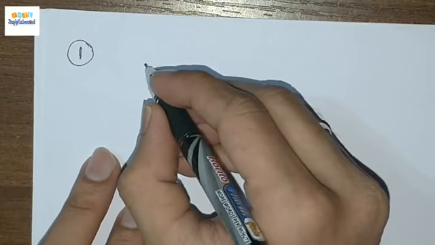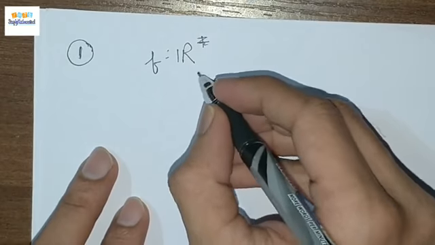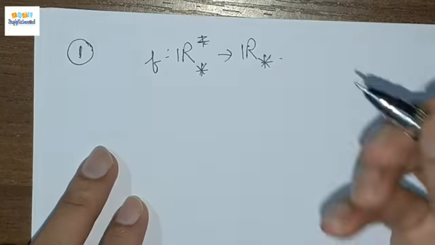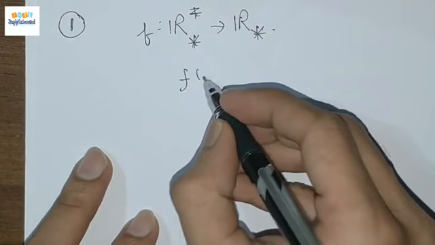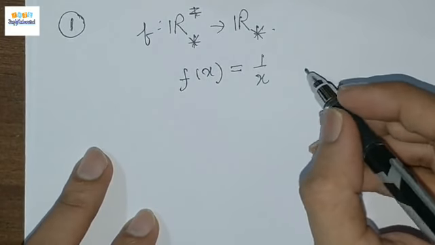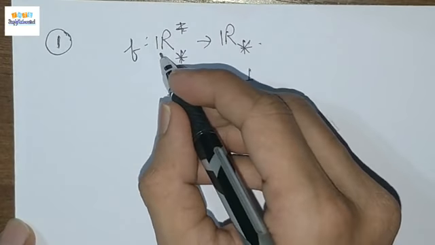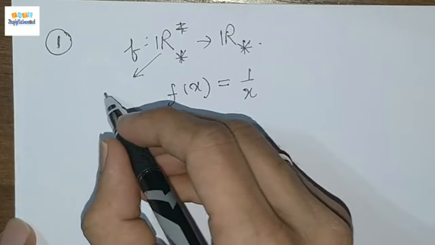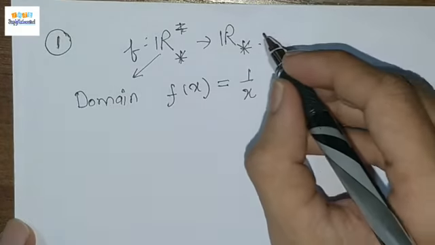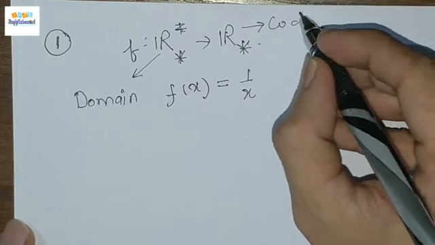So you are given a function f from R star to R star, and it is defined by f(x) is equal to 1 by x. Now you have to understand here that the first set, that is the R star, is called the domain of the function f, and the second set is called the codomain.